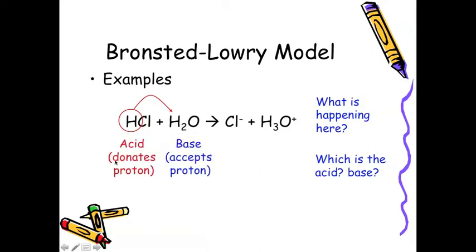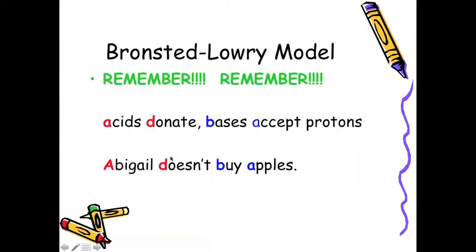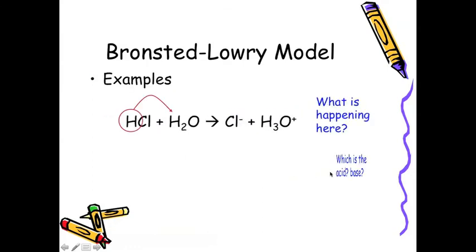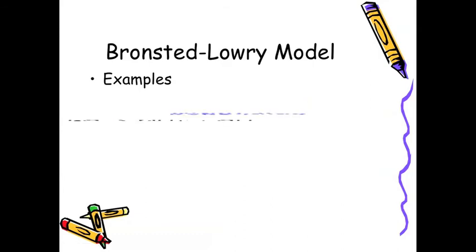And the acid is what donates the proton, so the HCl, that's the acid donor, and the H2O is what accepts the proton. So if you look over here, the H3O+ has accepted the hydrogen from the HCl, and therefore the H2O was the thing that accepted it. If it accepts it, it is a base. That was the whole Abigail doesn't buy apples thing. Acids donate, bases accept protons.